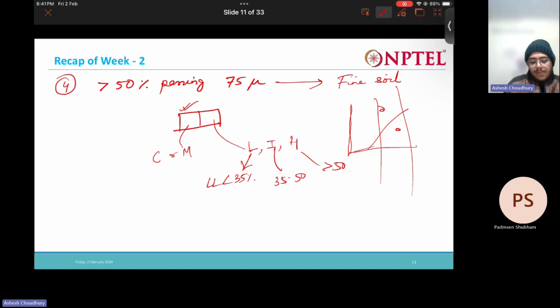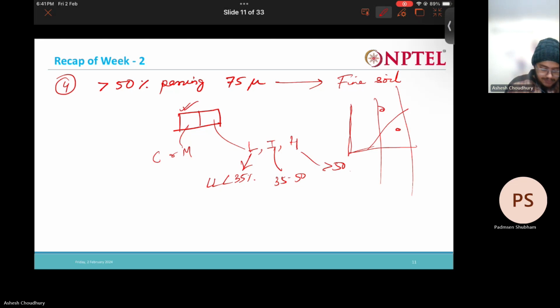Now there can be one more tricky situation. This is actually impossible, just a theoretical situation. In a practical scenario, there is very little probability that you are going to encounter this.